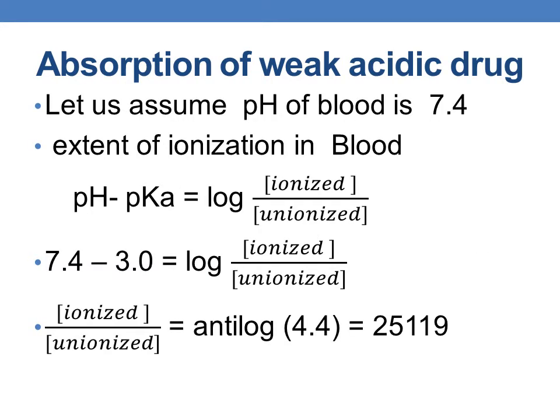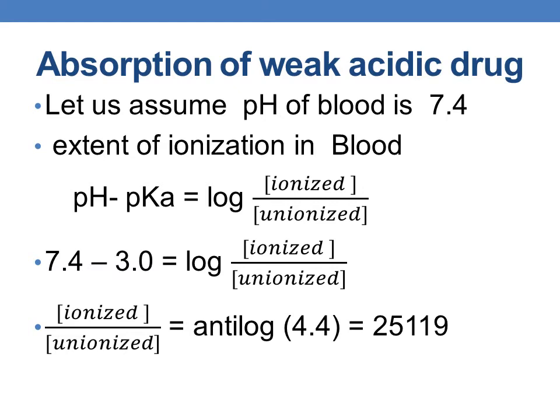Now let us consider what will be the fate of salicylic acid once it enters the blood. This is just hypothetical. So the pH of blood is 7.4. So the extent of ionization of salicylic acid in blood, we use the same equation, pH minus pKa is equal to log ionized by unionized.